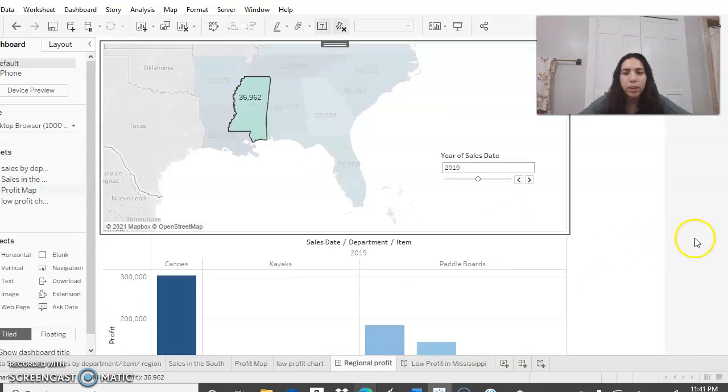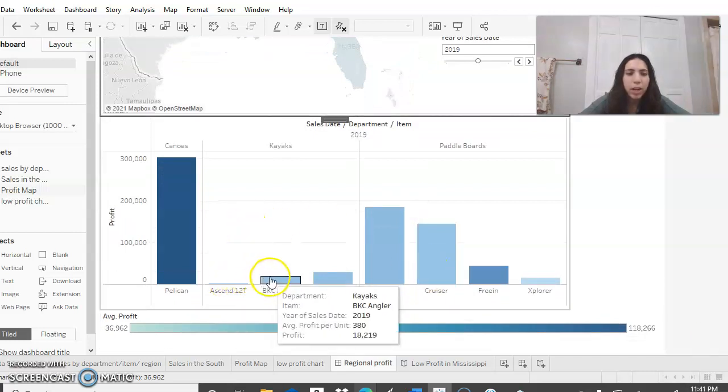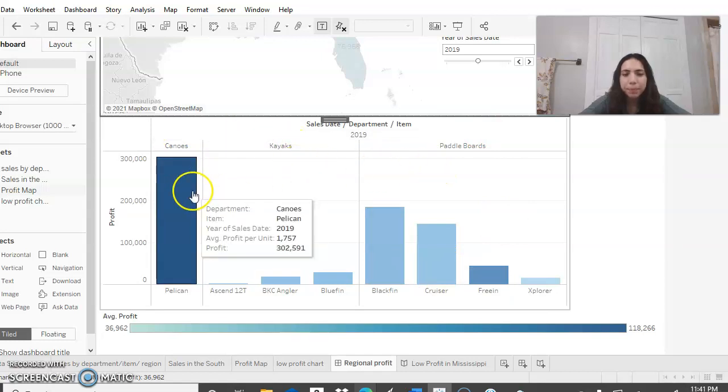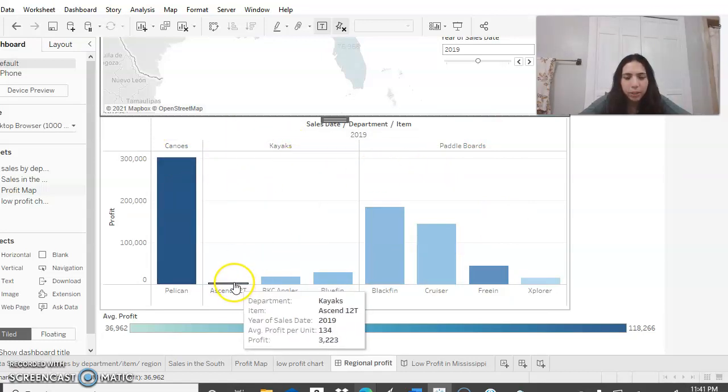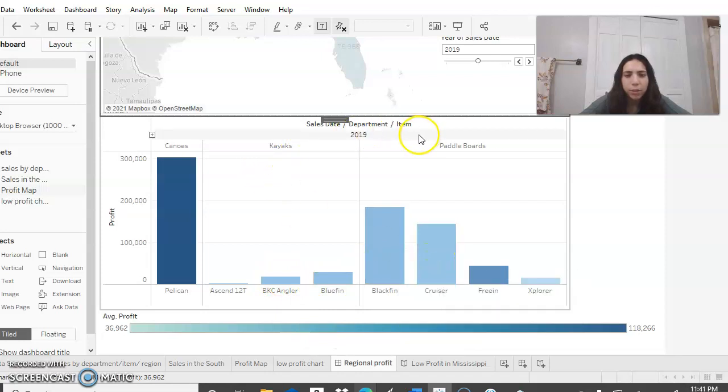If we select here, we can go down and see specifically which item and which department had the lowest amount of profits, and we can narrow it down. Their average profit per unit was 134 units, which is really low. And as you can see, the kayak department was the one with the lowest amount.